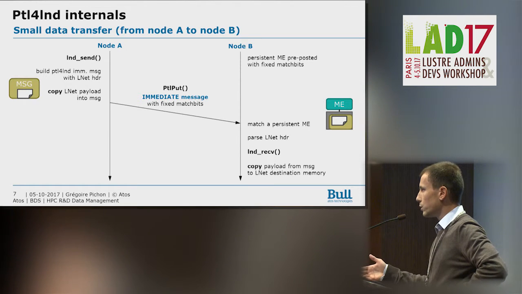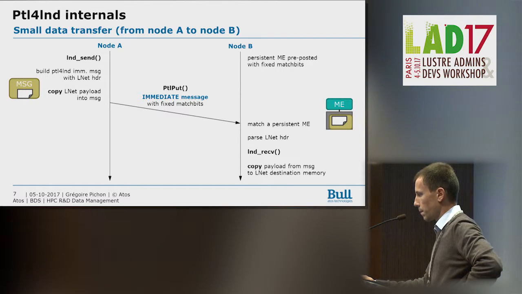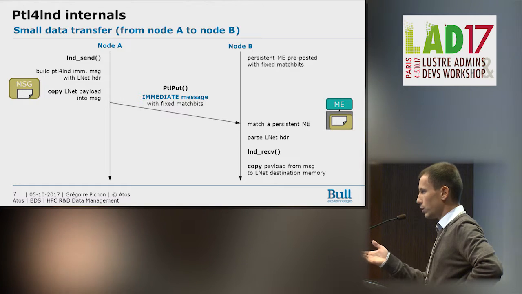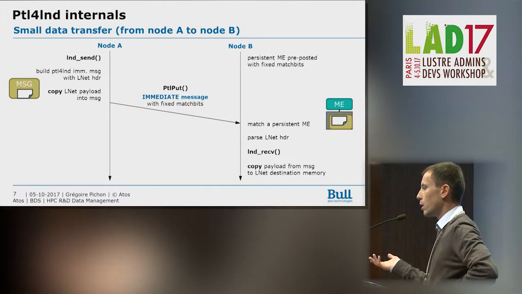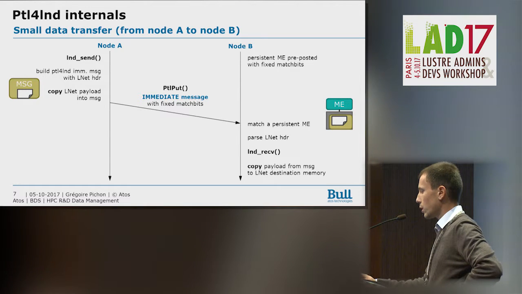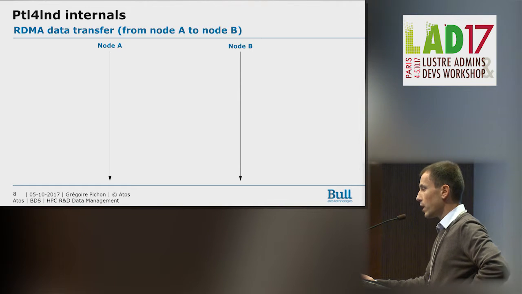That allows the LND to copy the message payload into the destination memory for LNet. There is a similar mechanism for the small message transfer as a get transfer. So let's have a look at the RDMA transfer.